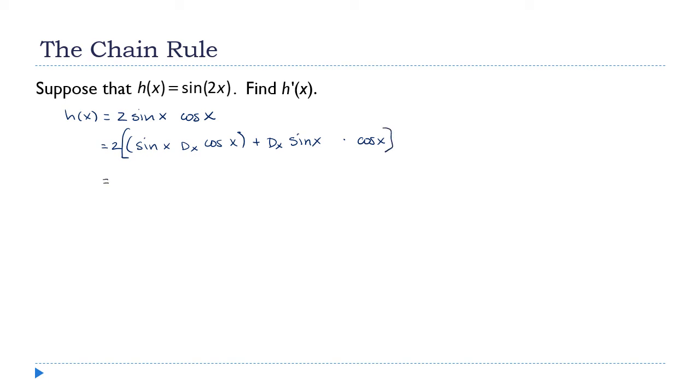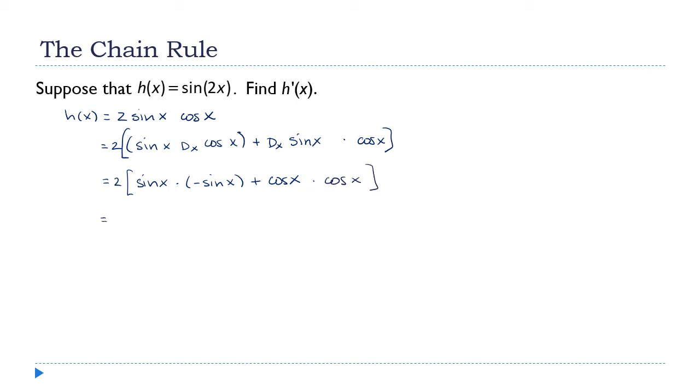This is 2 times sine of x times the derivative of cosine, which is minus sine, plus the derivative of sine, which is cosine, times cosine of x.